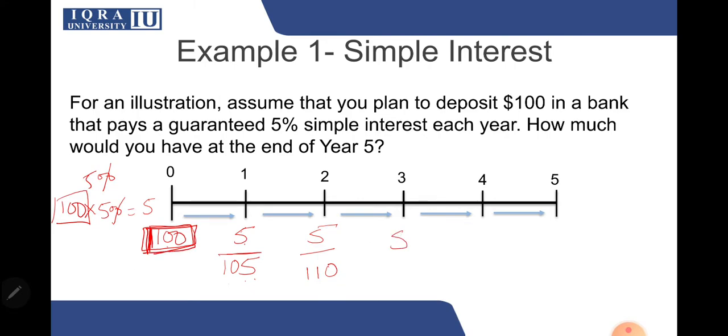So you will get an interest of 5 again, and similarly so on for the next years. 115 will be your amount, and in 115 5 is added, so this will be 120, and over here it will be 125.